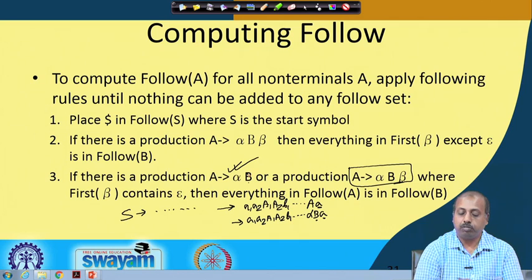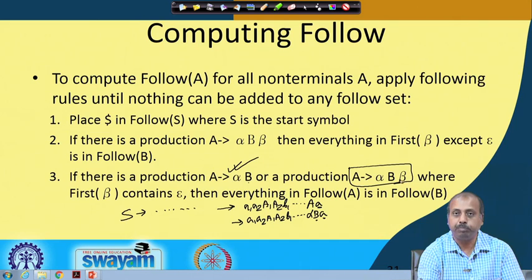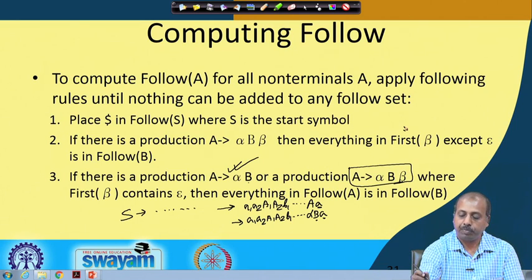Now if the rule is slightly more complex, instead of being alpha B, if the rule is alpha B beta, then what are the symbols in follow of B? Whatever is in first of beta is in follow of B, as we have seen in this rule.